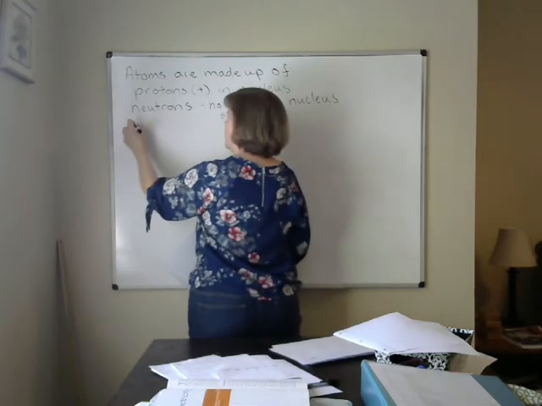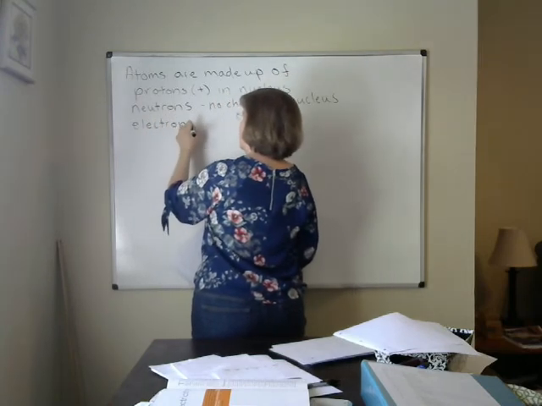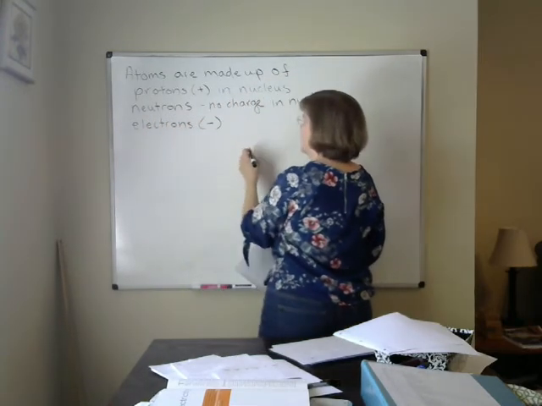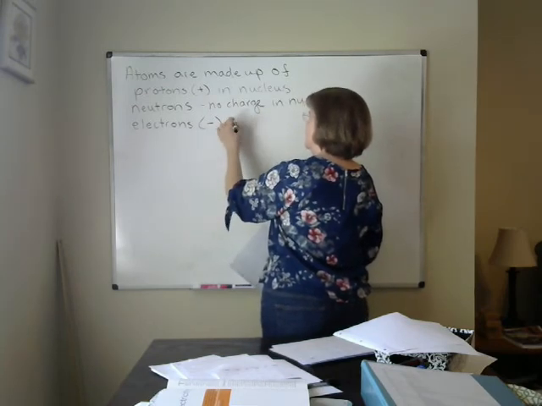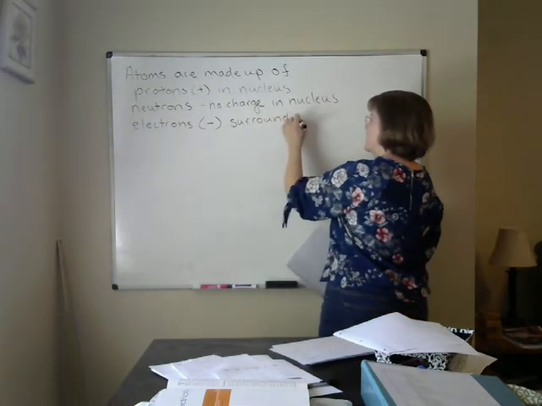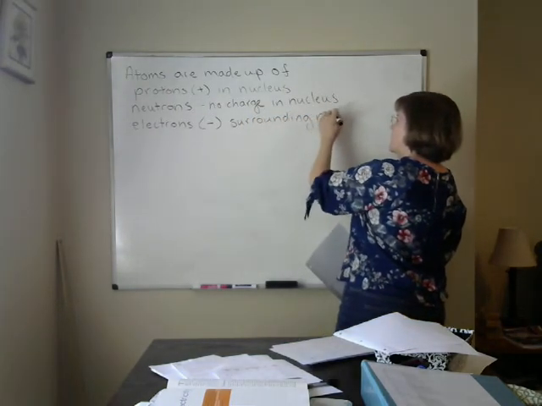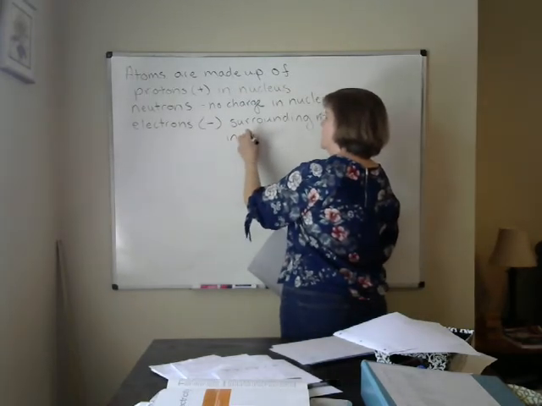And then finally we have electrons. They're negative, and we find them surrounding the nucleus in what is now known as the electron cloud.